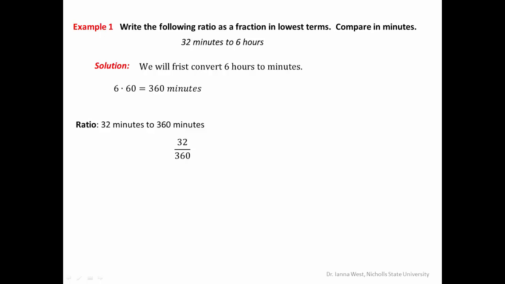Notice that 8 would divide evenly into 32 4 times, and 8 will divide into 360 45 times. Therefore, we can write 32 as 8 times 4 and 360 as 8 times 45. Canceling the common 8 gives us the reduced fraction 4 over 45. Now we can write the ratio as 4 minutes to 45 minutes.